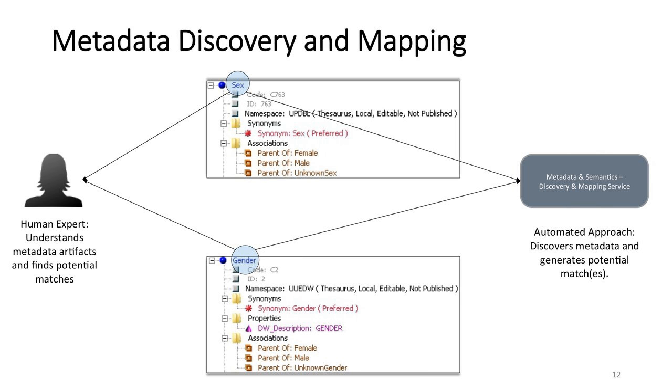Our metadata discovery and mapping service would follow a similar approach, which is first discover the metadata and then generate potential matches or a match depending on how each implementation of the system is set to work. Next slide.